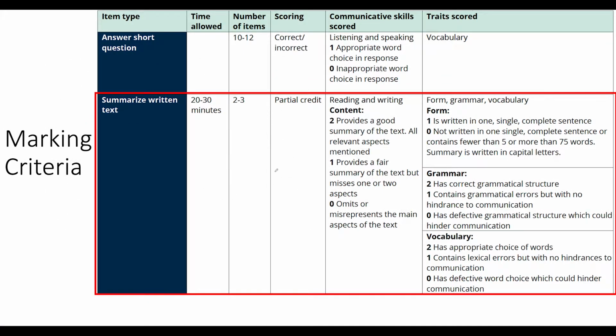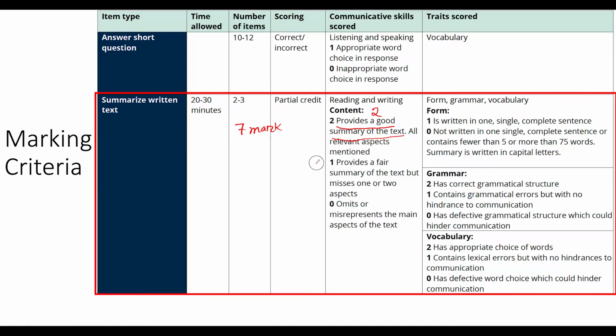Now, for your Summarize Written Text, per question you have 7 marks, as you can see in this marking criteria from Pearson. You have 2 marks for content, and those 2 marks will be given to you if you provide a good summary of the text where you have covered all the relevant aspects.